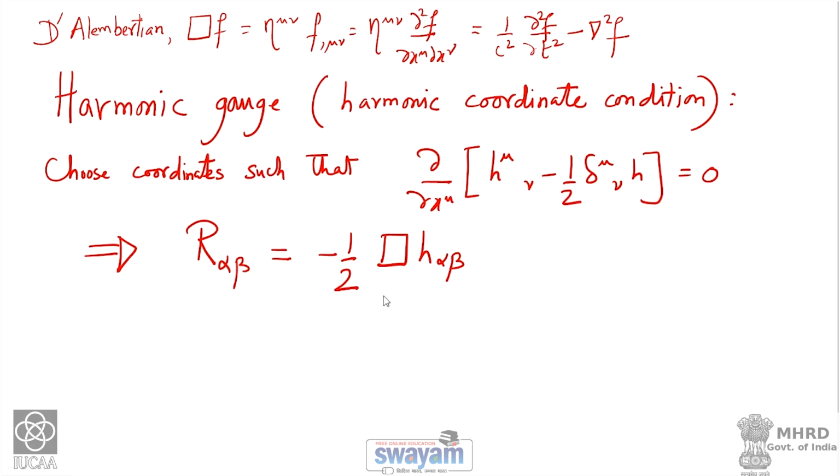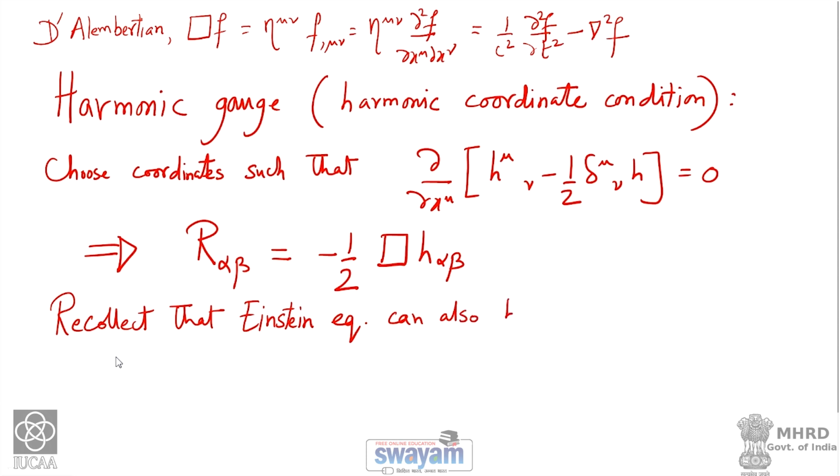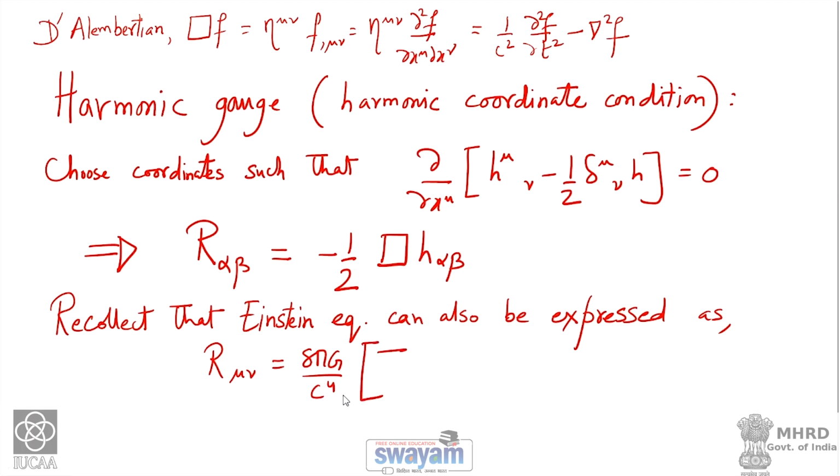And why is it important? Recollect that Einstein equation can also be written as R mu nu is 8 pi G by c^4 times T mu nu minus half g mu nu g alpha beta T alpha beta.